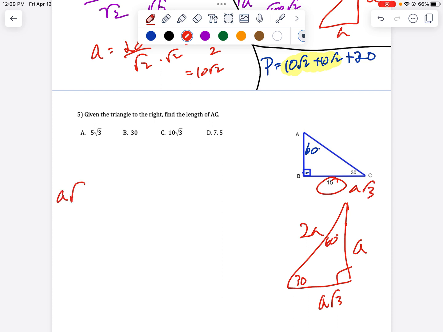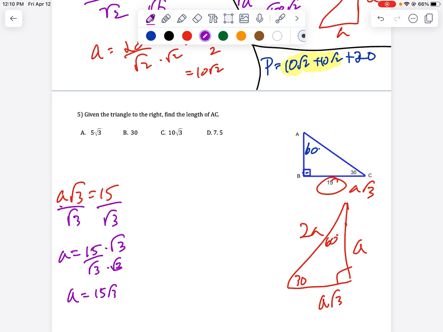So again, A root 3 equals 15. So let's clear out the root 3, and we're going to have to rationalize. So A equals 15 root 3 over 3, which is 5 root 3.